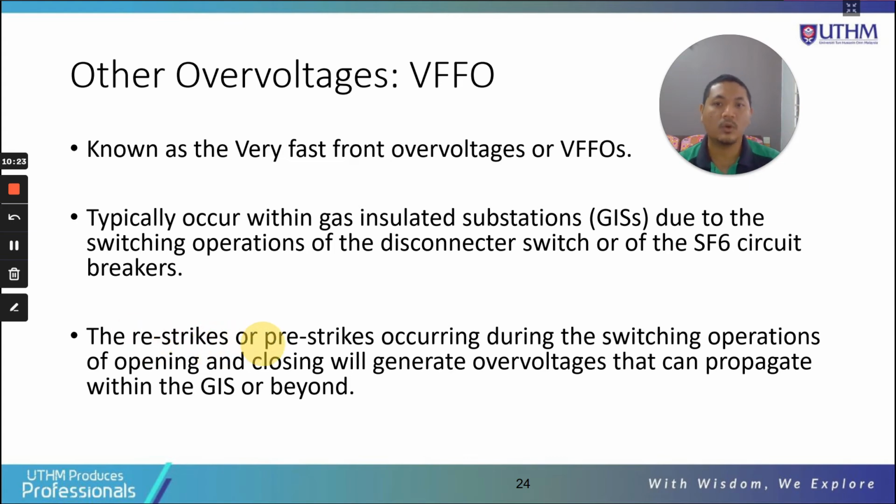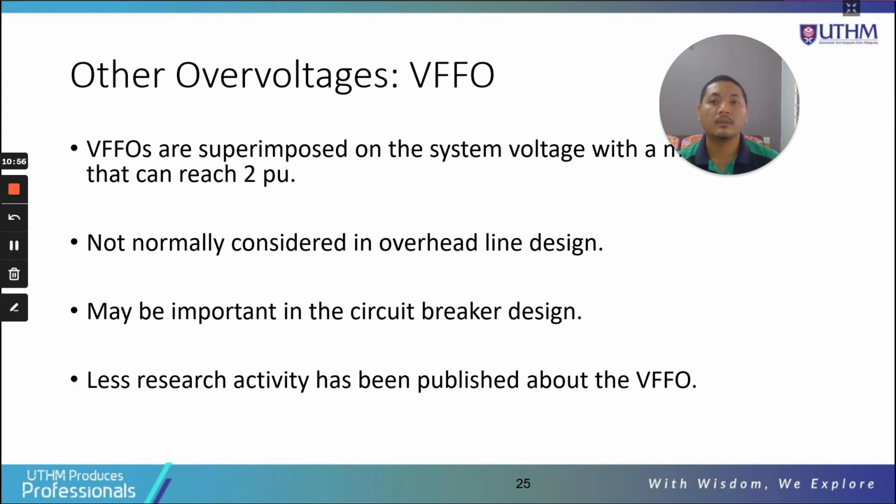The restrikes or pre-strikes occurring during the switching operations of opening and closing will generate overvoltages that can propagate within the GIS or beyond. So the switching operation of the breaker in the gas insulated switchgear or gas insulated substation will cause this kind of overvoltages, and it will not just happen in the substation, but it can also travel beyond the GIS.